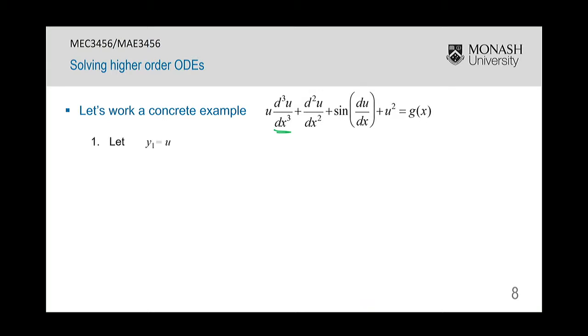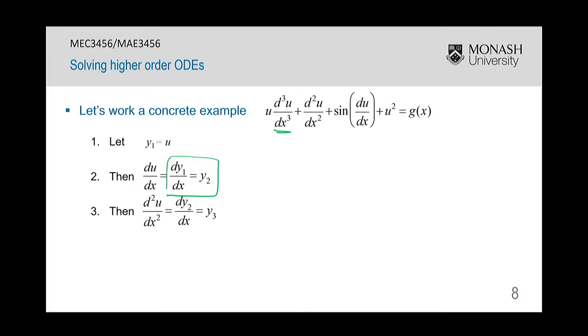So the first thing is we say, okay, our unknown solution is u. Let's let that equal y1. So when we calculate y1, we know that's the same thing as u. Then du/dx is simply equal to dy1/dx, which is equal to y2. So this is a definition of y2, but it's also one of our ordinary differential equations, our first order equations.